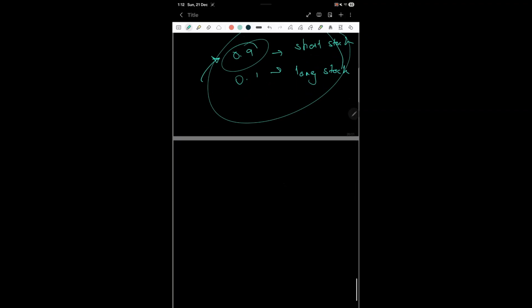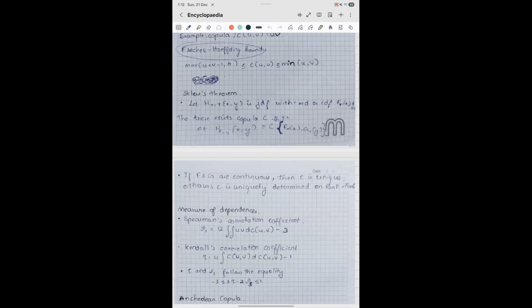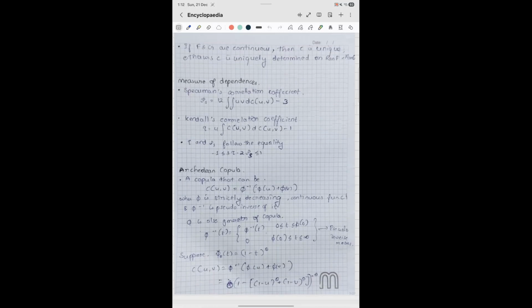We can move on. If you deep dive into the Copula understanding, we can move on to the dependencies. We look at measures of dependence, which are the Kendall's correlation and the Spearman correlation. Presently we are using Kendall's correlation because it is purely based on the rankings of the values instead of the strength of the values.